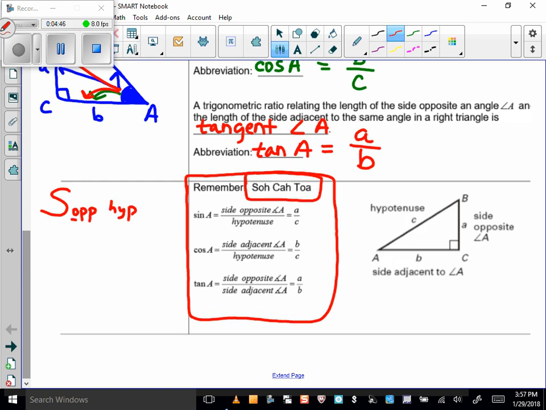Then CAH, that's cosine, adjacent over hypotenuse. And then the TOA, that's tangent, opposite over adjacent. You've got all that right here in this handy dandy little box. You definitely should have already made yourself a flashcard. No way around it. You've got to remember these ratios.